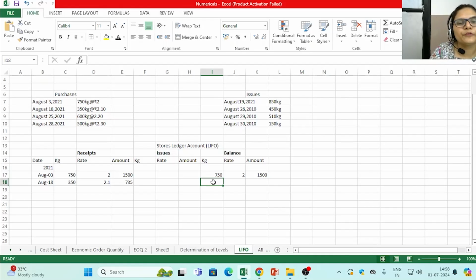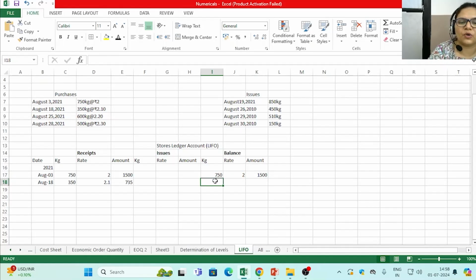For copying the balance in the next date, first we look at the balance on the previous date. As on August 3, no issues have been done, so the balance is 750 at the rate of rupees 2 and the amount is 1500.